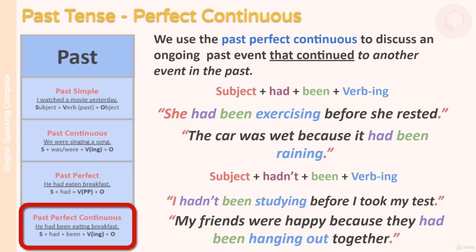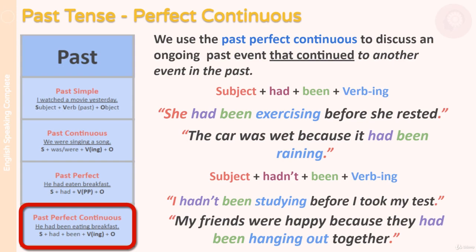So we have this final part, which is the past perfect continuous, starting with they, which I suppose I could highlight red as my subject. They had been hanging out together. My friends were happy because they had been hanging out together. Which, of course, hanging out, meeting, was the first event, the first continuous event.